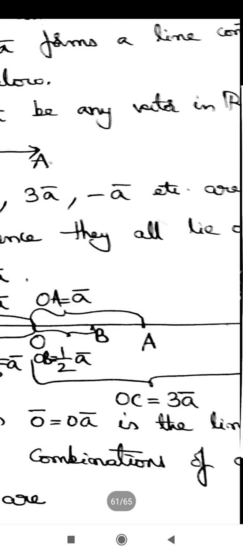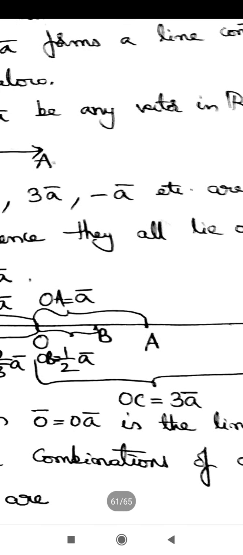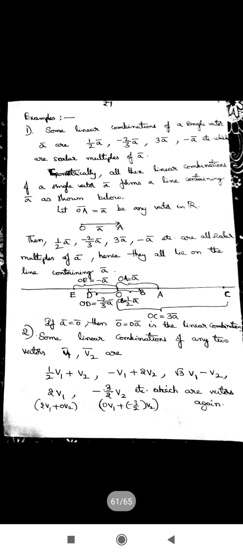And OC is another vector which is 3 times a bar. The scalar multiple of a bar by the number 3 is the vector denoted as OC in this figure, and we can see OC is 3 times the magnitude of OA and in the same direction as OA.